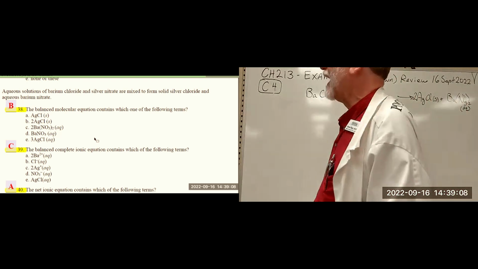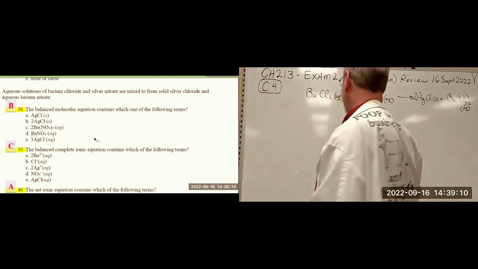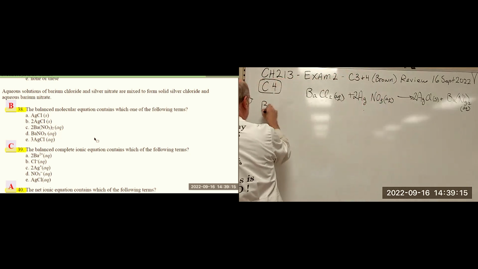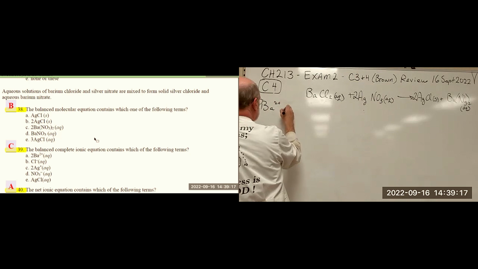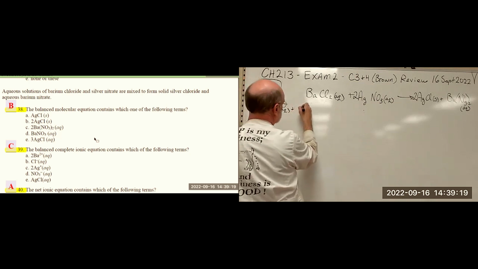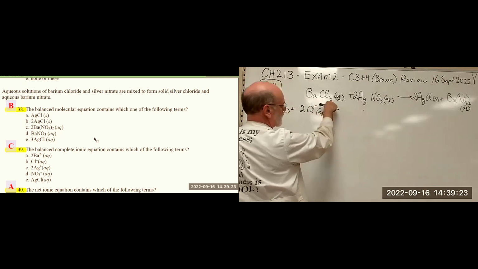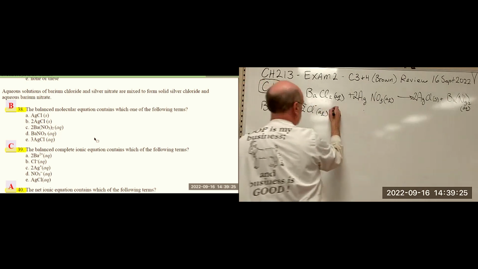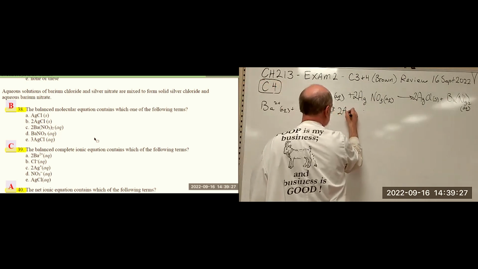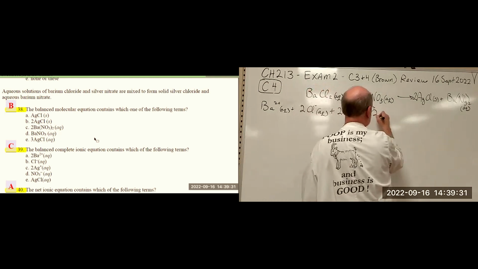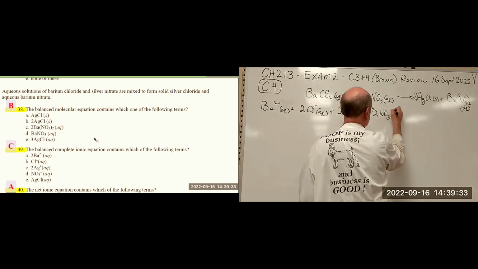Okay. Now, complete ionic equation. So we've got, let me start way over here. Barium 2 plus, 2 chlorides, right, because of that subscript. 2 silvers and 2 nitrates.